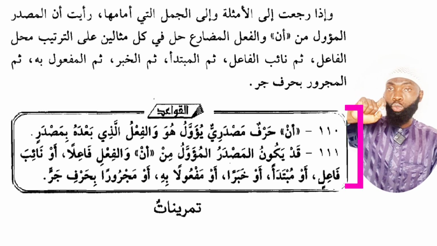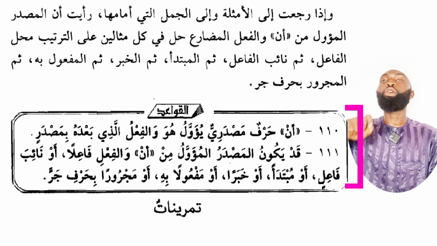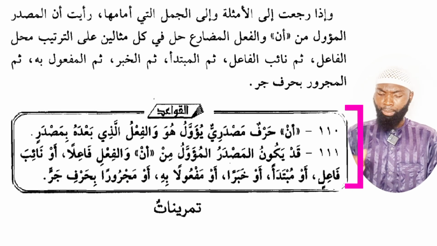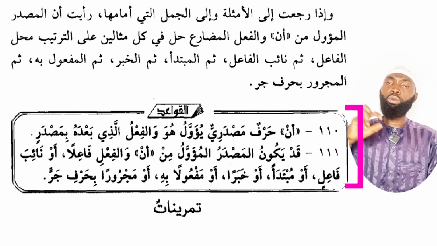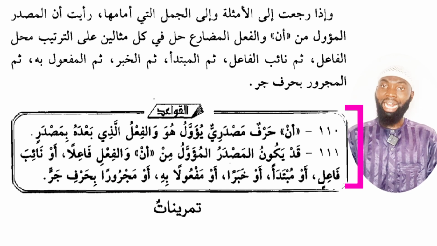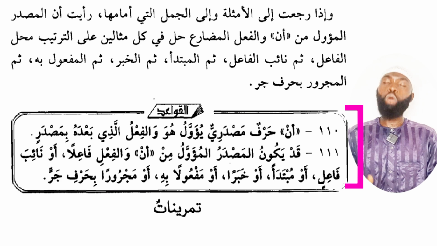It's this particular particle and also the present tense verb which comes after it, they imply the meaning of masdar. قد يكون المصدر المؤول من أن والفعل فاعلا. And this masdar mu'awwal, the implied masdar from the word an and the present tense verb, could come what? As the subject.